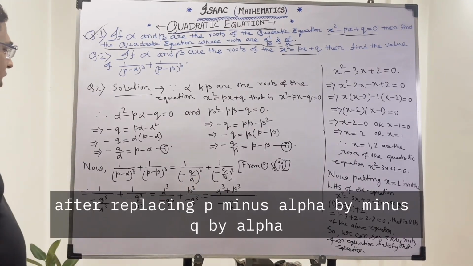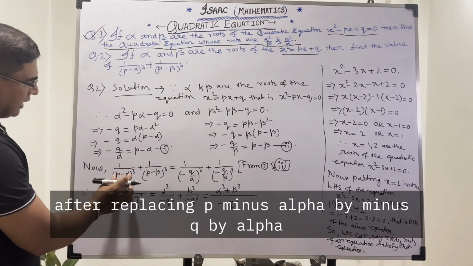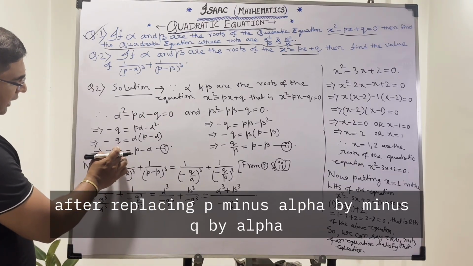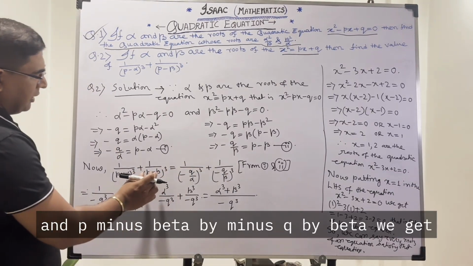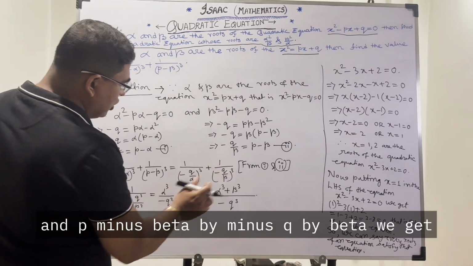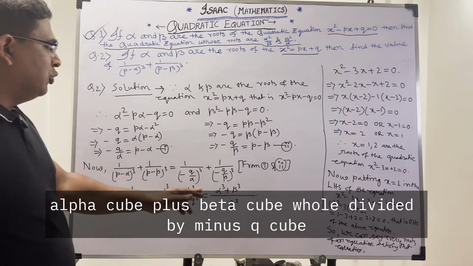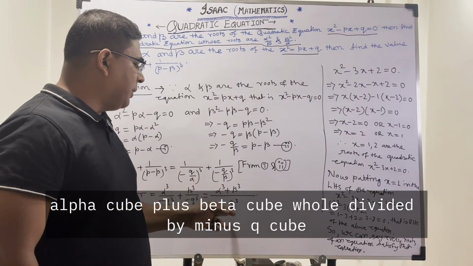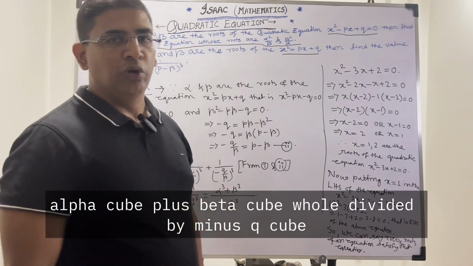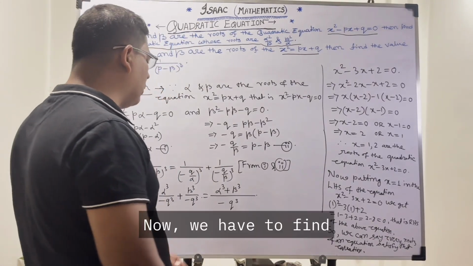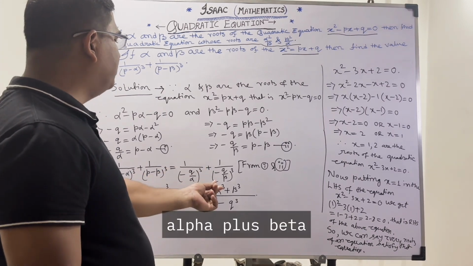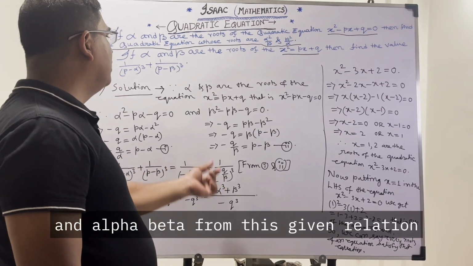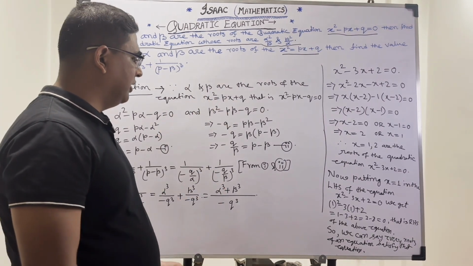So after replacing p minus alpha by minus q by alpha and p minus beta by minus q by beta, we get alpha cube plus beta cube whole divided by minus q cube. Okay. Now we have to find alpha plus beta and alpha beta from this given relation.